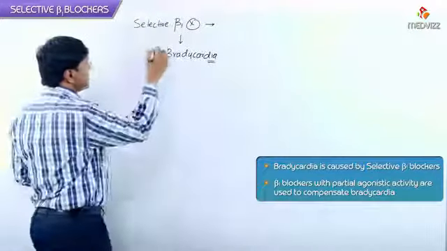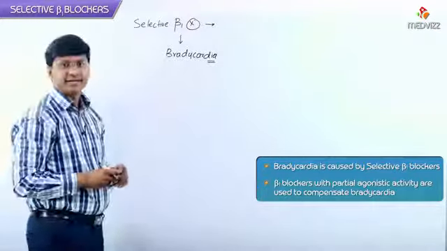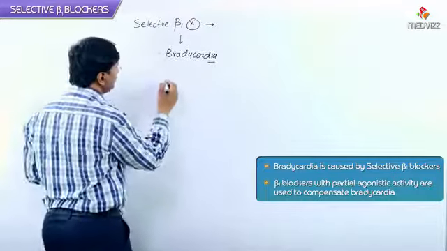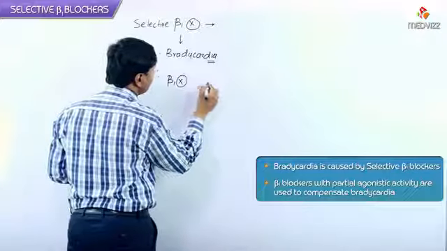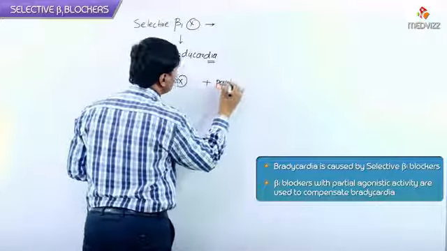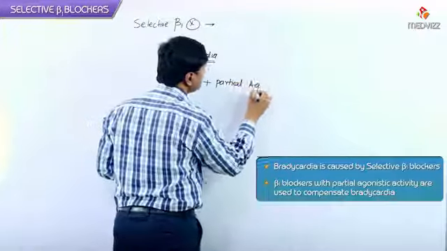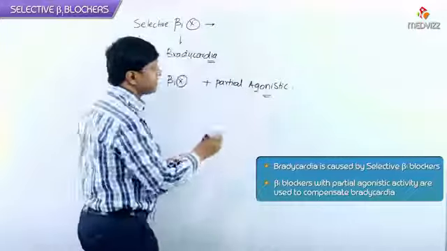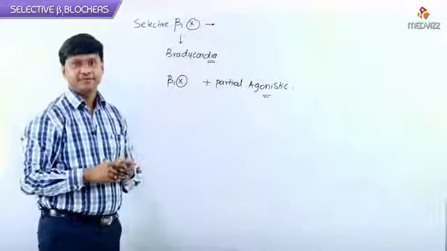As such, these beta blockers can cause very severe bradycardia, so in those patients we should use the beta 1 blockers which have partial agonistic activity. They are preferred.